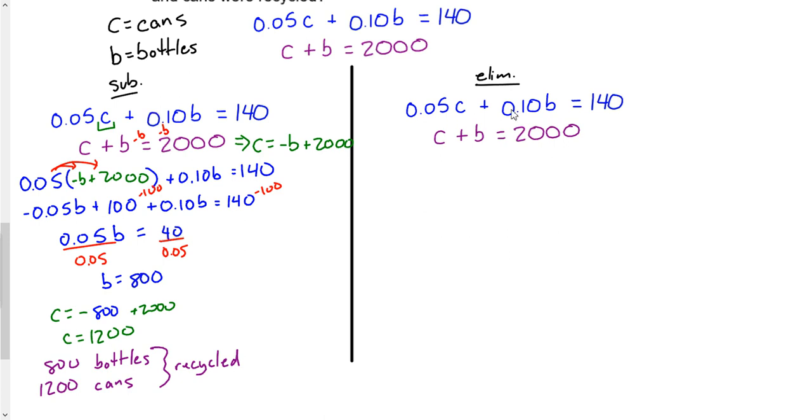So in order to eliminate, I'm going to have to get one of my variables to have the same coefficient. Let's see, I have manipulated this side. I got my b by itself.